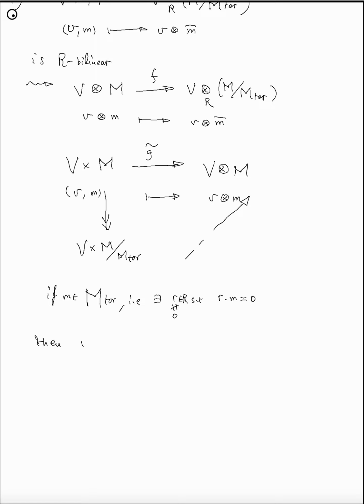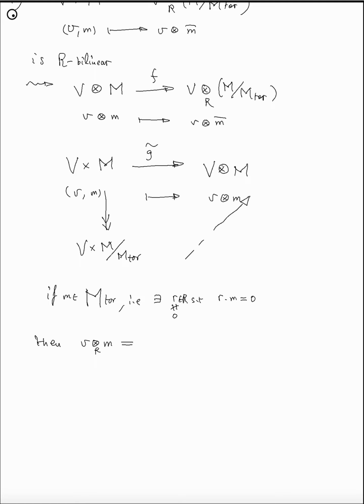Then v tensor m equals, how do we give it an r? V is a K vector space, and M is an R module.